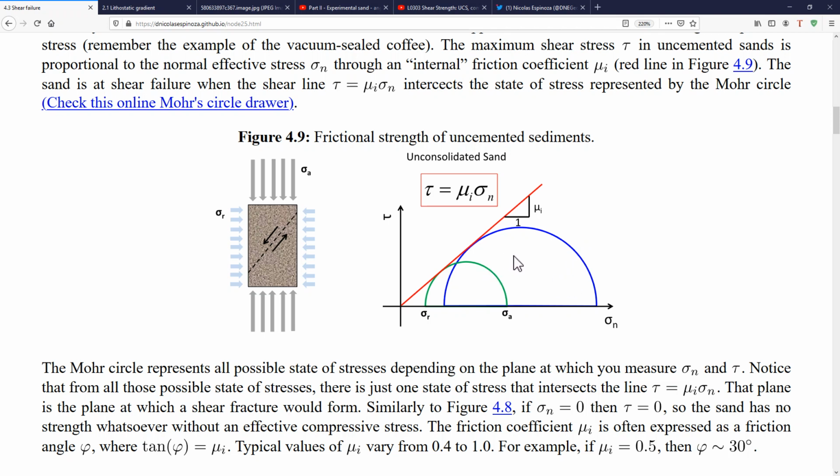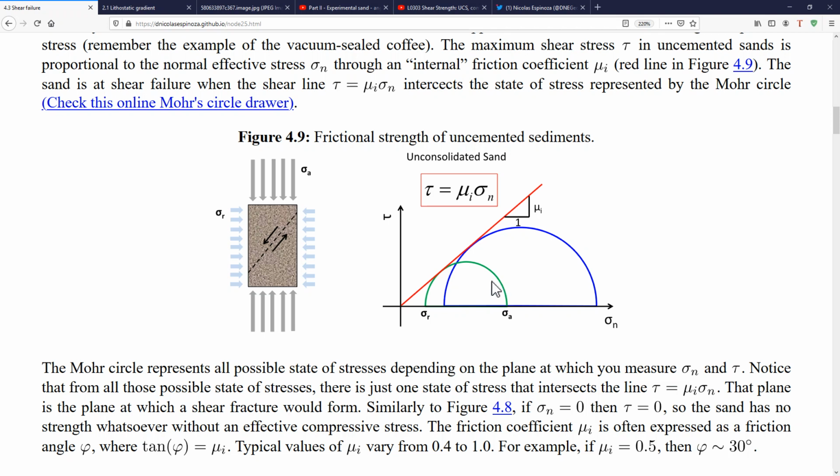Okay, the Mohr circle is going to have the principal stresses plotted in the x-axis, and along the circle we're going to have all the possible combinations of shear and effective normal stress, tau and sigma n, that are going to represent the state of stress at the given orientation in the Mohr circle. We're going to come back a little bit later to talk in more detail about how to build this Mohr circle.